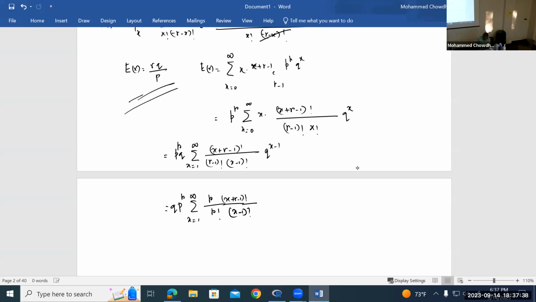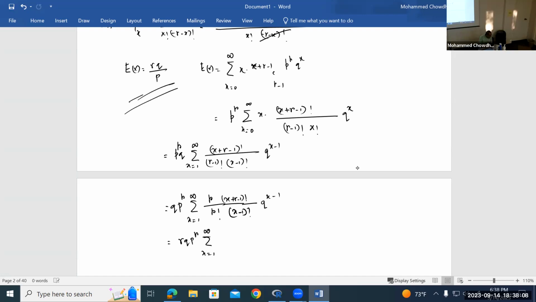Okay. Then q to the power x minus 1. So now you can put here r q p to the power r, and then now if you plug the value in there, x goes 1 to infinity, then it will be again a series.